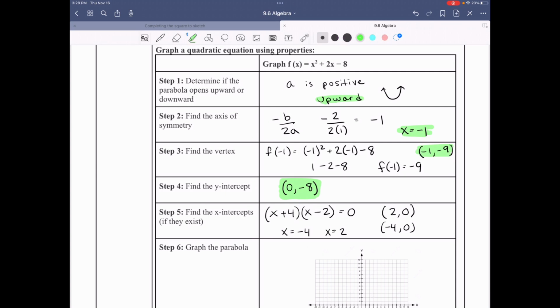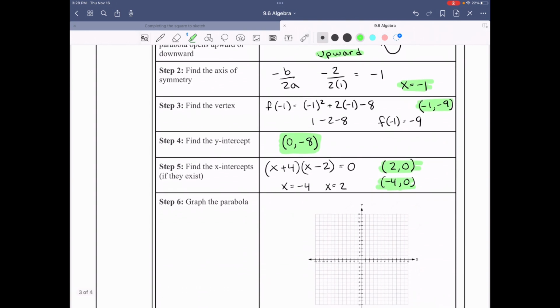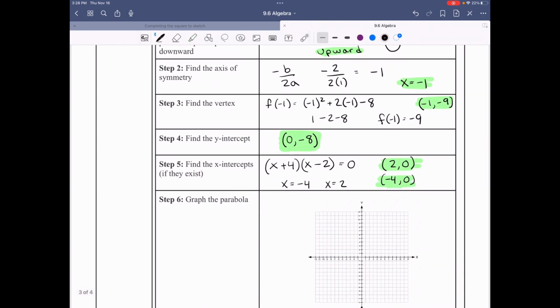This gives us a lot of points that we can now put on our graph. And we know that it opens upward. The first thing that we found in step 2, after we found out that it opened upward, was that the axis of symmetry is negative 1. So that's our mirror. We reflect over that. And our vertex is (negative 1, negative 9), which is here. Our y-intercept is (0, negative 8), right here.